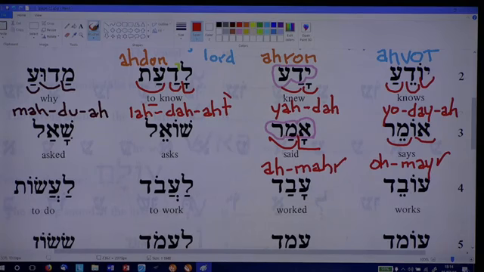Again, the verb to ask is the shin, the aleph, the lamed. Therefore, this word, asks, is a shin, aleph, lamed, and it's only got 2 syllables, so it's sha'al.